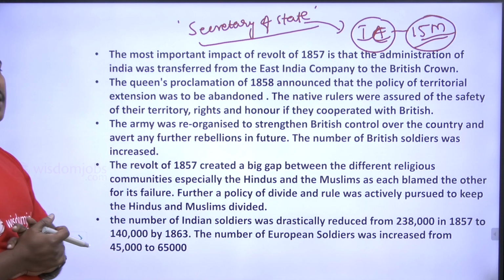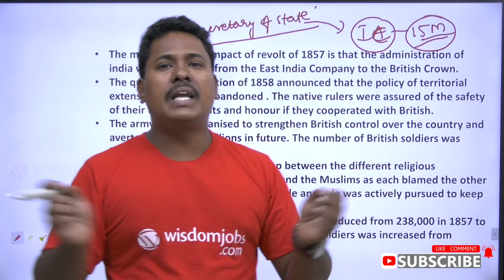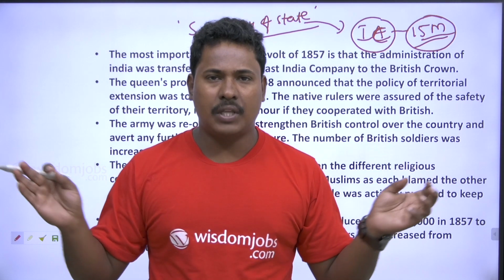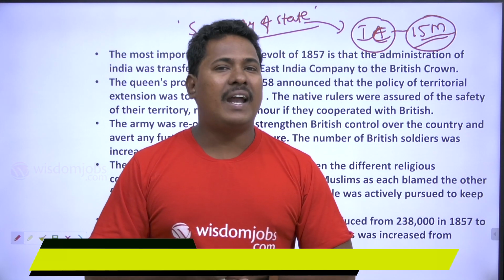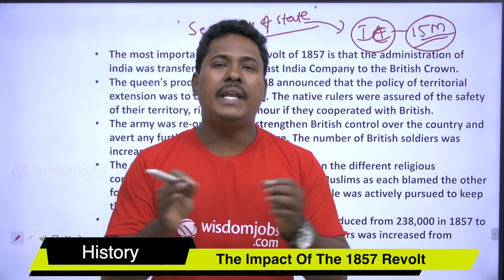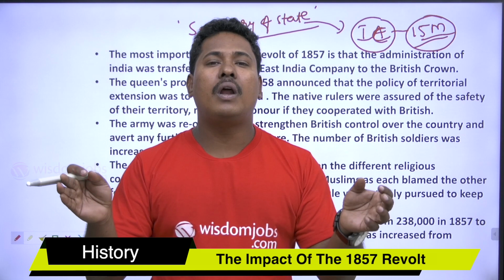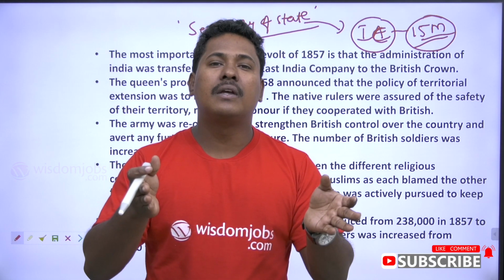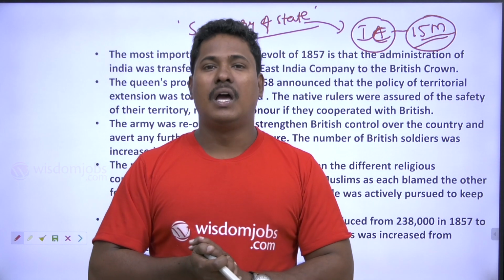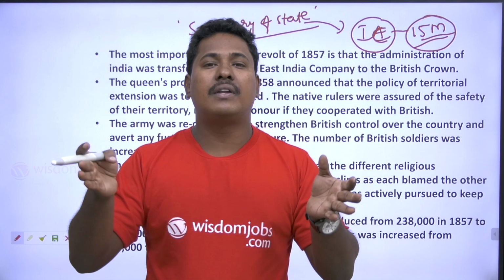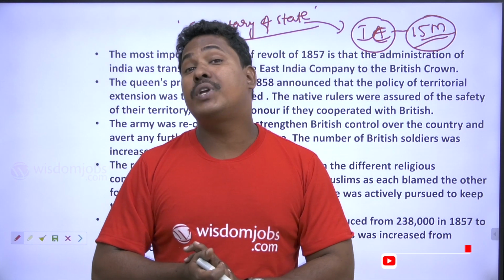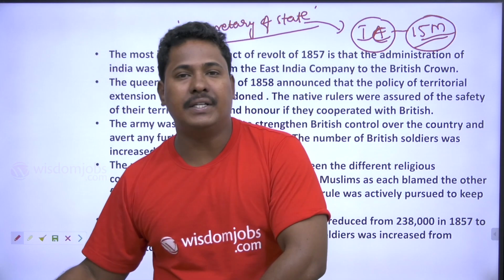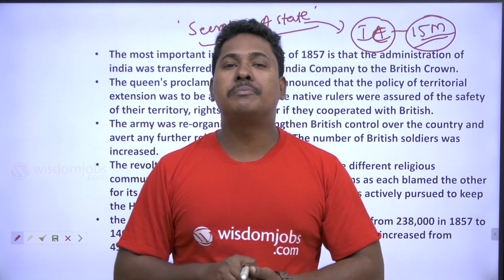Next, very important: the Queen declared through this proclamation that there would be no further conquest in India, and the British would never involve themselves in the administrative affairs of the princely states, in religious affairs, or in social reforms.